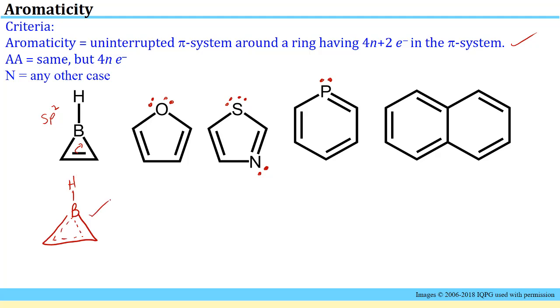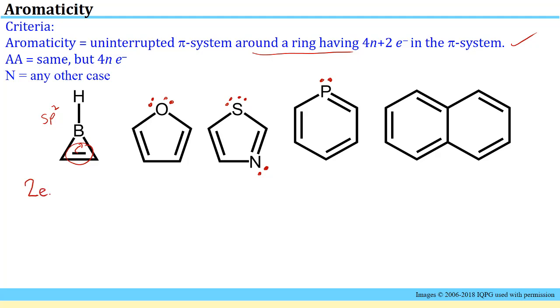So hypothetically, our resonance hybrid would look like this, and you might have some partial negative charge on the boron and some partial positive charge on the carbons. So we've delocalized these electrons around the whole ring, and we have to check how many electrons we've moved. Well, we only moved the pi bonding electrons because the boron does not have a lone pair to move. It's just got an empty orbital into which those pi bonding electrons can donate.